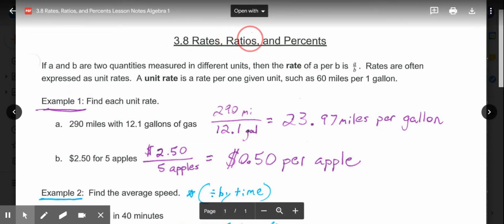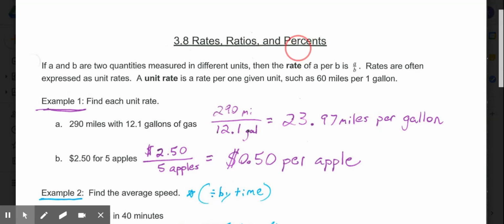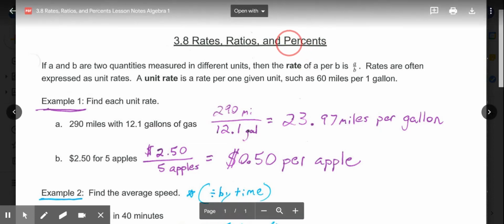Ratios can also be written as a fraction, one over another, and percents can be calculated from rates and ratios. All percents are a special type of rate or ratio based out of 100. So a percent is always based out of 100.